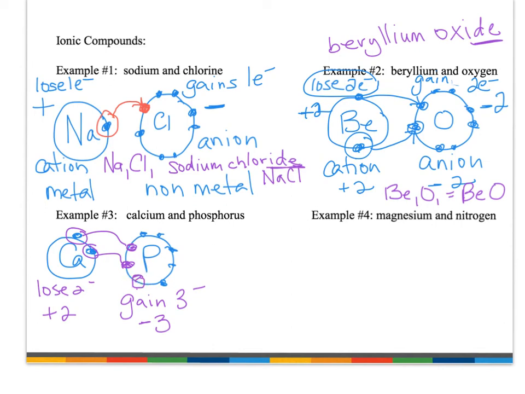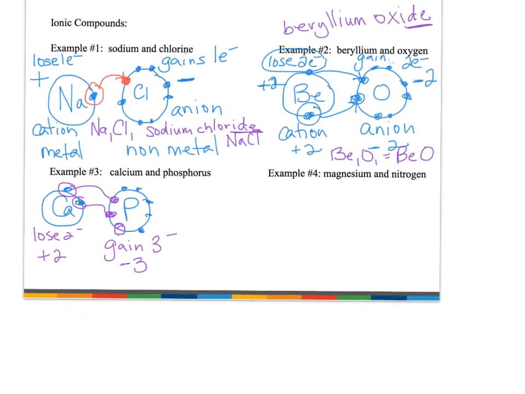So in order to create a compound, we need to add another calcium atom. So I'm going to go ahead and do that. I'm going to create a new calcium atom with 2 valence electrons, and one of these valence electrons will then go to that phosphorus atom, and now the phosphorus atom has 3 valence electrons, so it's stable.